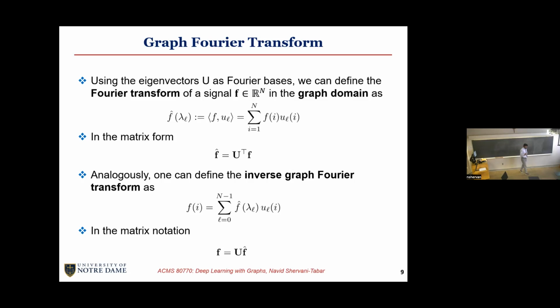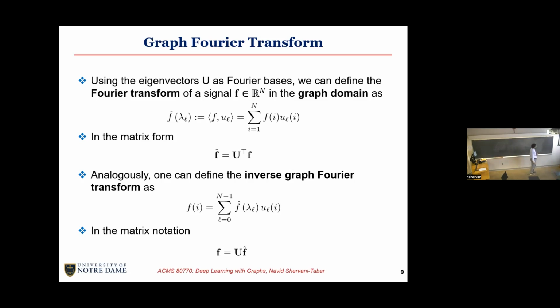We take these eigenvectors, this time not their transpose but U itself, and multiply by the coefficients, meaning the spectral representation of the signal, and it gives you back the original signal. It reconstructs the original signal that we have.